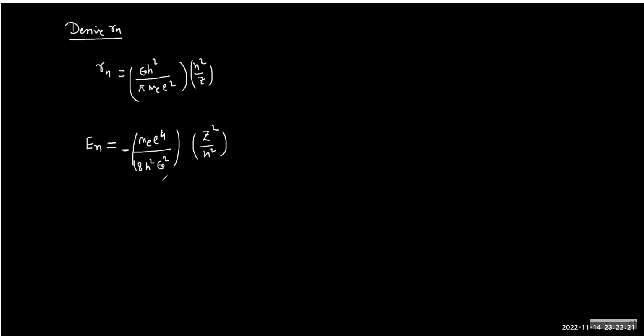Okay, so let's everyone do the actual calculation of this value. Tell me how much you are getting after substituting the values. What is m? 9.1 into 10 raised to minus 31 kg. And e is how much? 1.6.